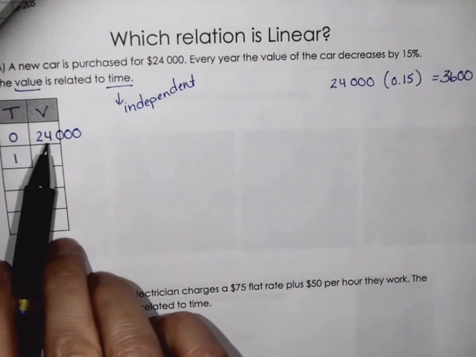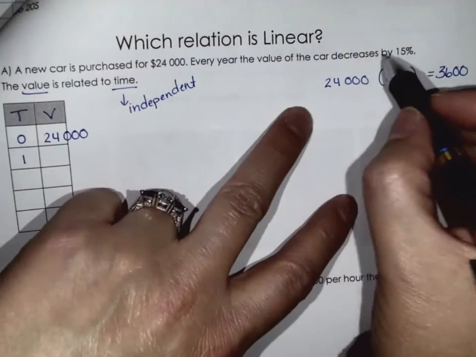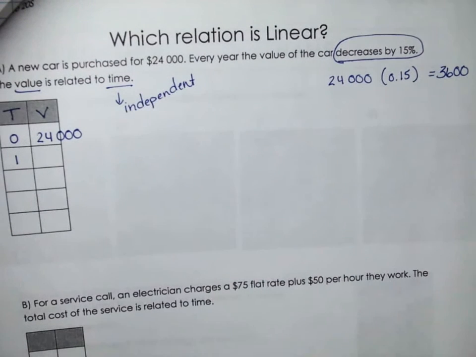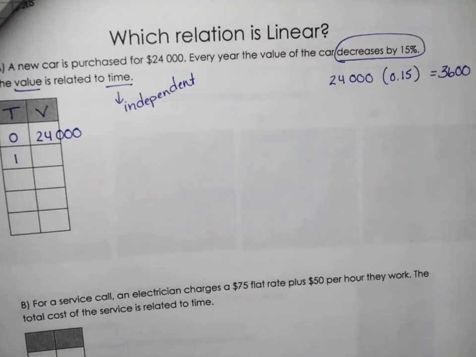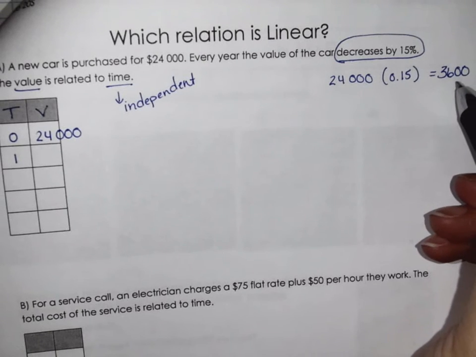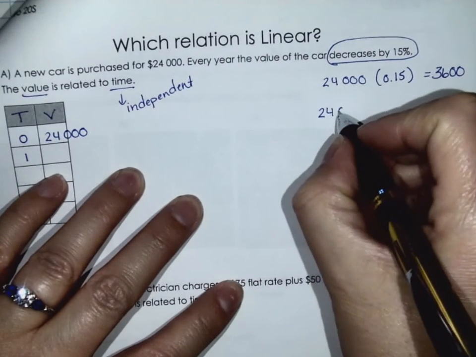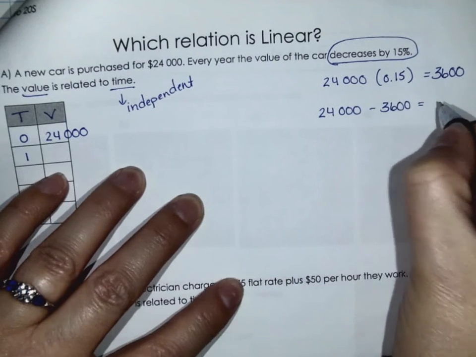Well, it was worth 24,000, so after a year, the car decreases by 15%. This is a hard one. People, it's definitely a hard concept to get. So if we're decreasing, this is the amount we're taking off the price, right? You guys would agree with me? So this is going to be the 24,000 minus 3,600.